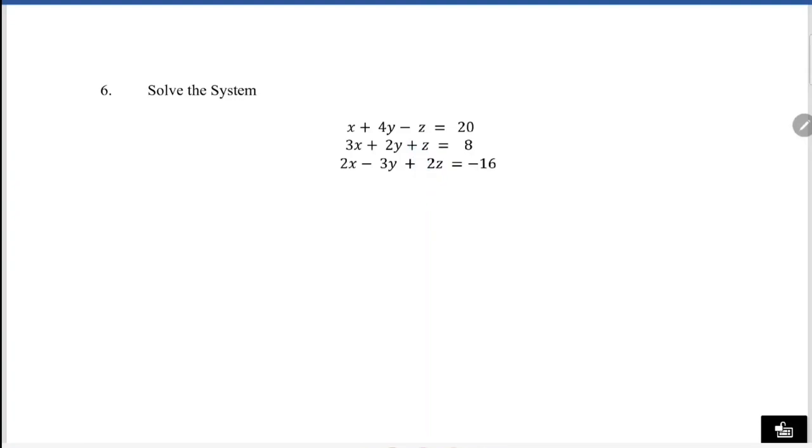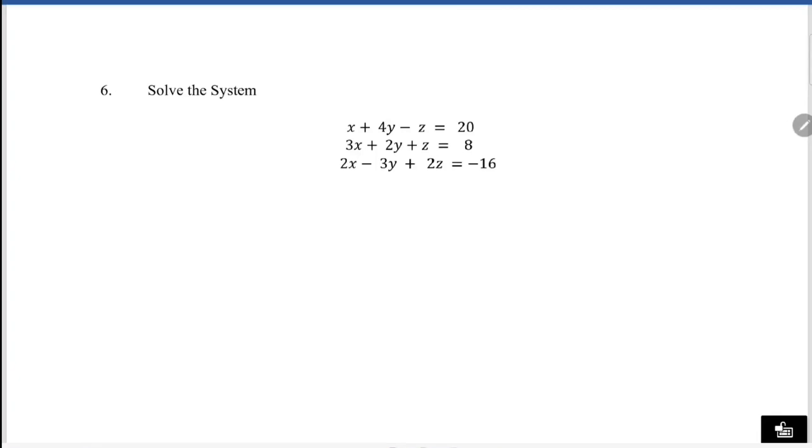The first step is to pick any 2 equations and reduce them to 2 variables. So we are going to find a way of coming up with 2 equations in 2 variables first. Just follow the steps that I do here.